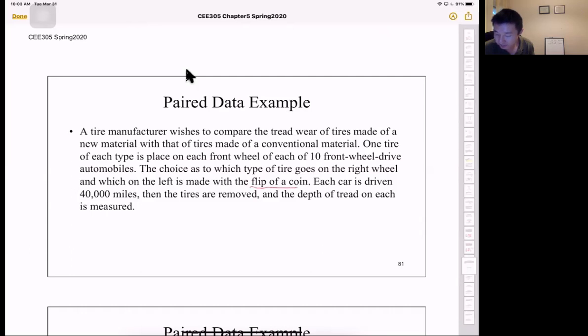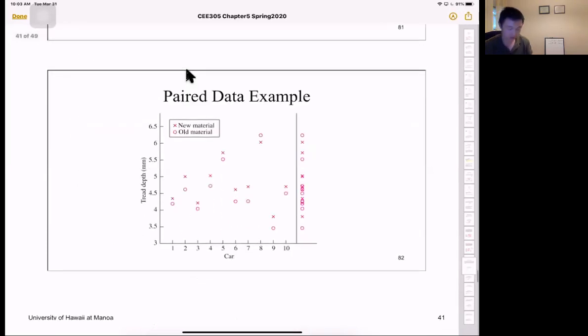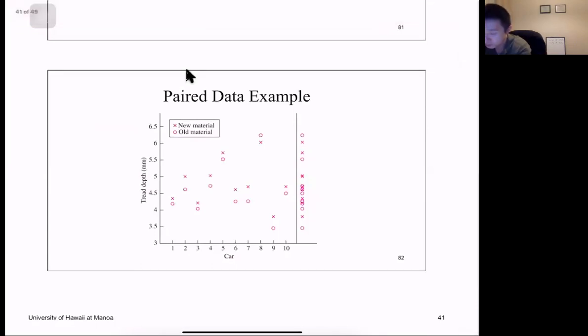Each car is driven 40,000 miles, and then the tires are removed and the depth of tread on each tire is measured. So this is pair data, because on every automobile, one tire is from the new materials and one tire is from the old materials.